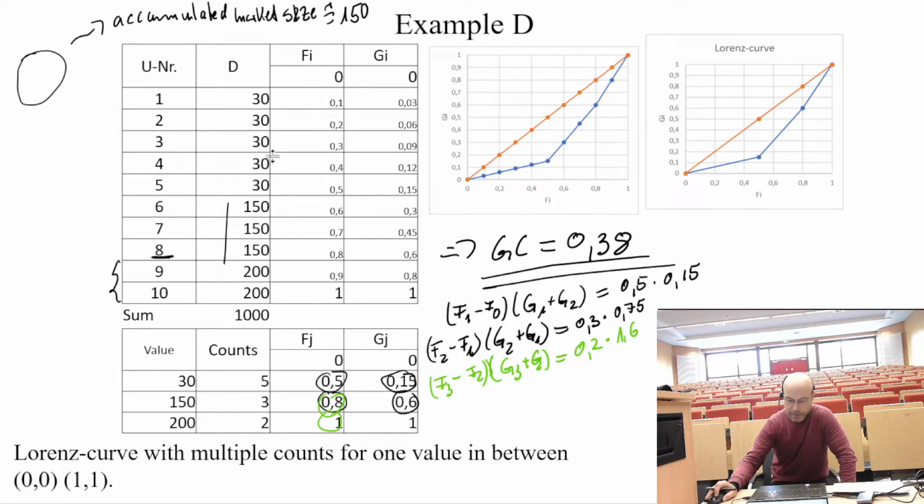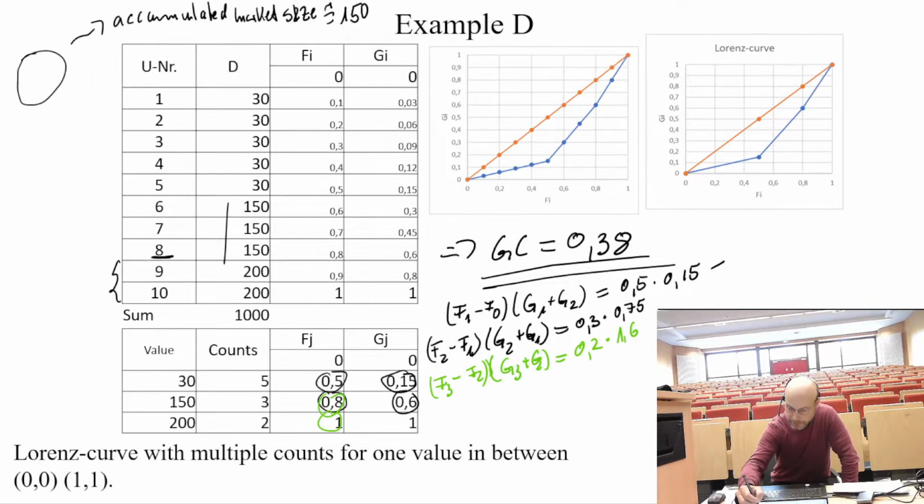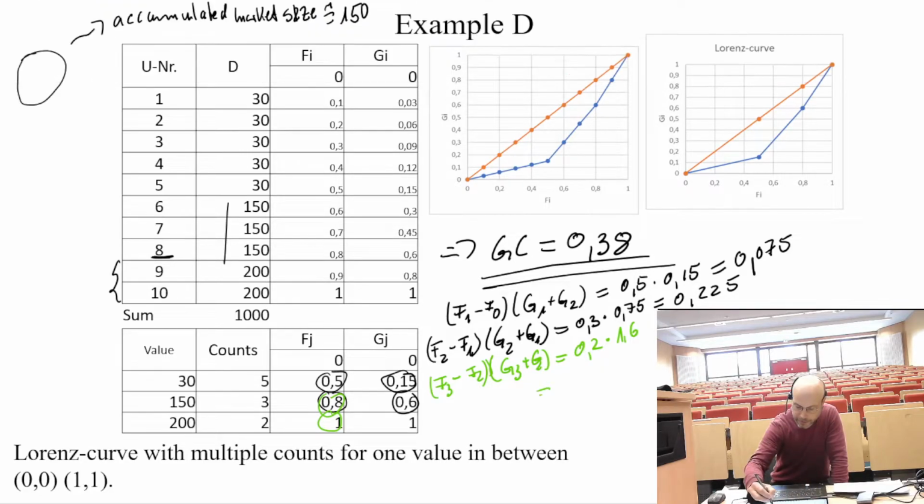So, and then we have this, which is, I think, 0.075. Hopefully I'm right. This would be 0.225, and I do it in my head. Hopefully I'm right.